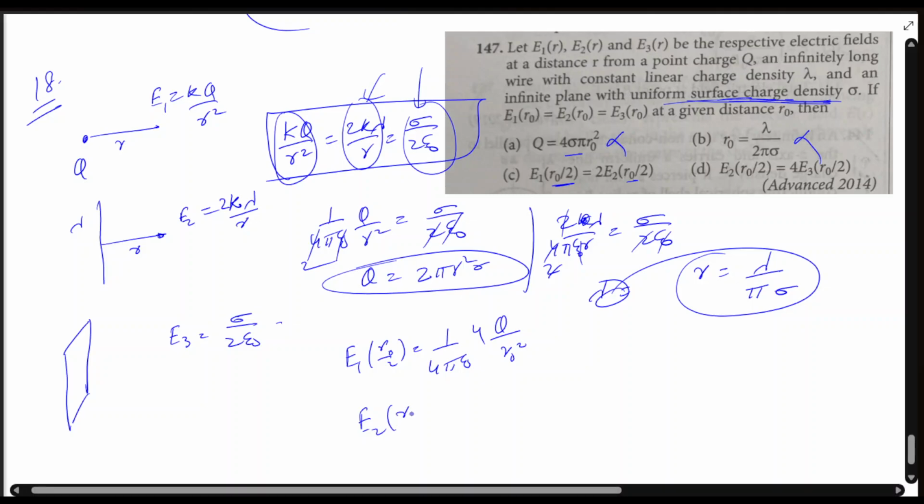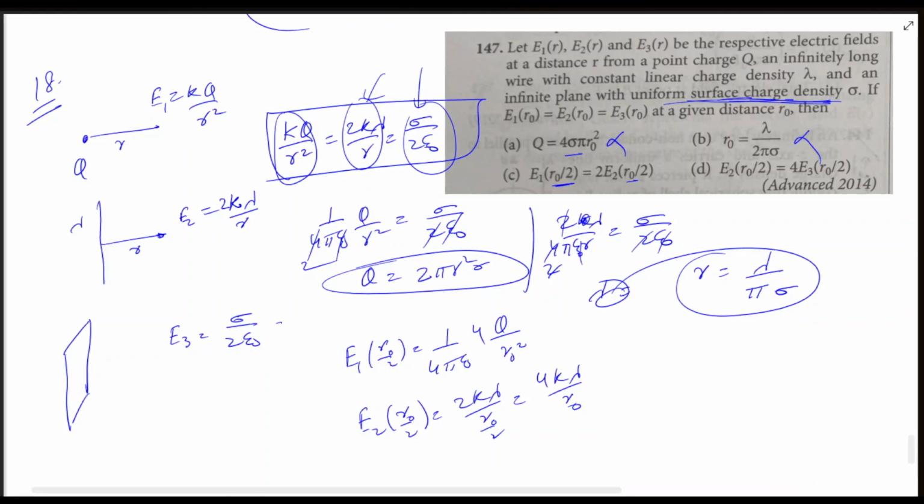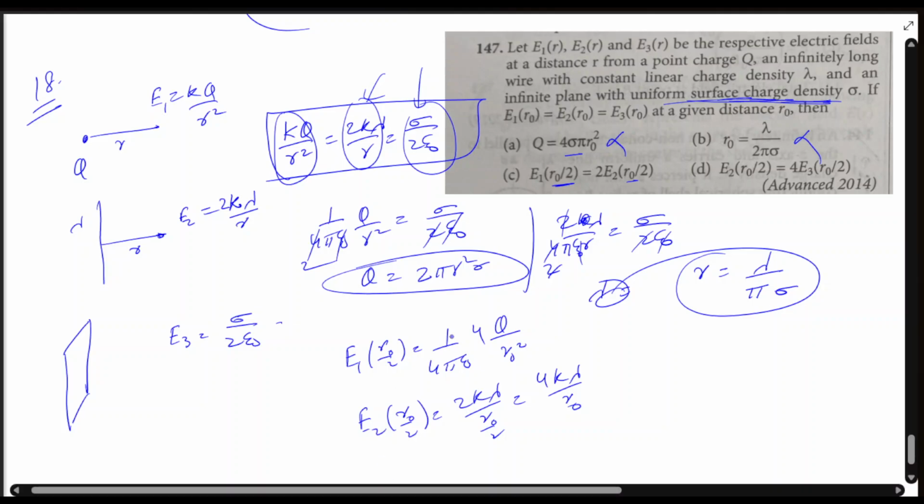And E2 at R naught by 2 will be simply 2k lambda by R naught by 2. So it will be 4k lambda by R naught. Now we know this is 4E1 and this is 2E2, right?